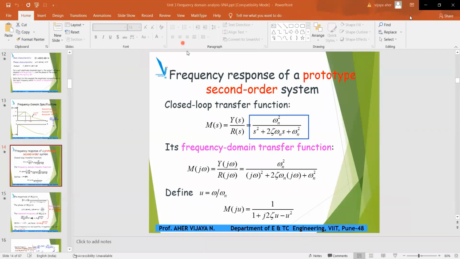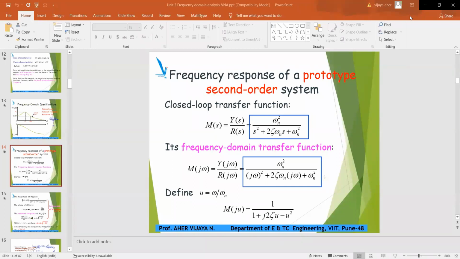This is the frequency domain transfer function. The first one is the transfer function of second order in time domain, and the second one is the frequency domain transfer function denoted by the letter M j omega.